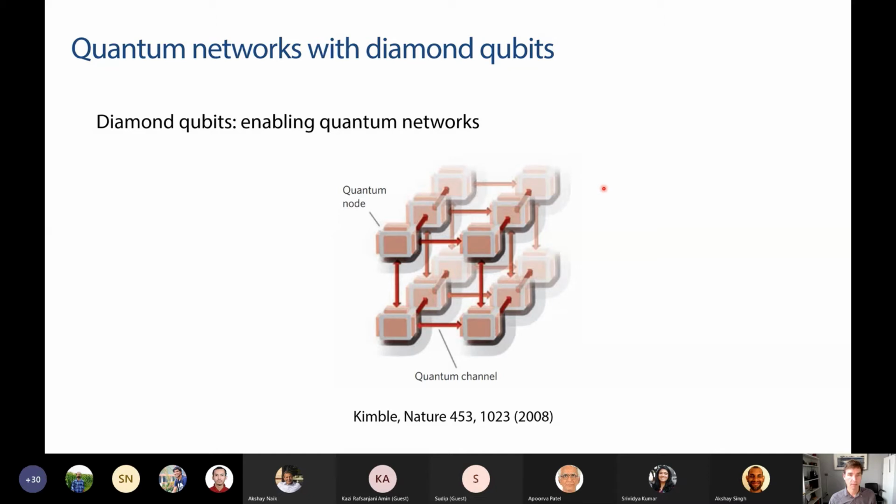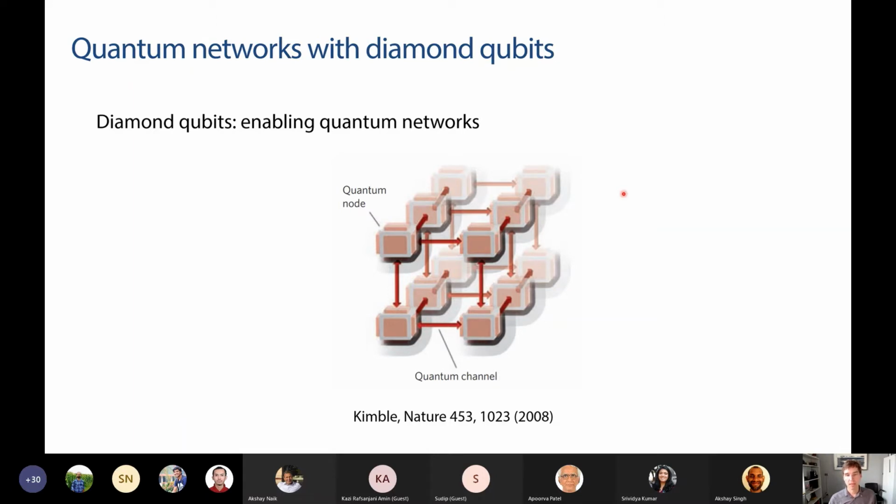One version of this might be some network of quantum processors, not so different from the classical computers that we work with today, that are networked through some sort of means.